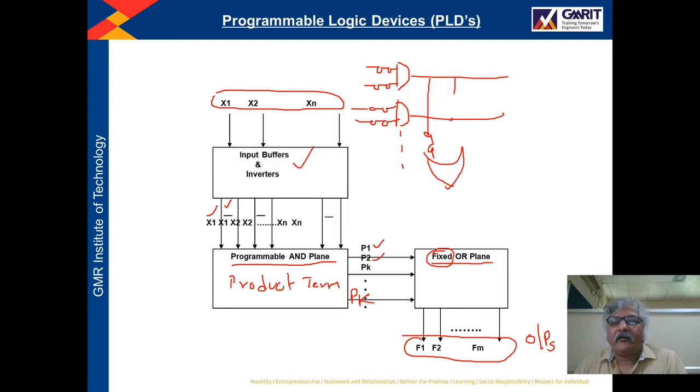So switches are there in AND and OR both. Now if a signal passes through this switch, then due to the presence of the switch, the presence of this metal, there will be some propagation delay of the signals.